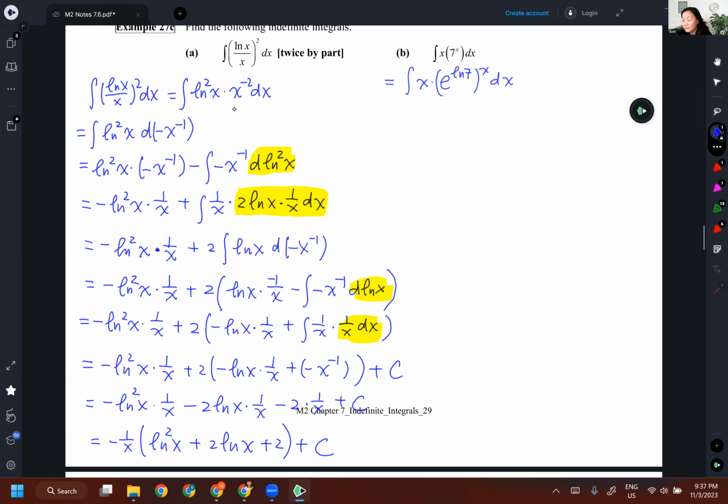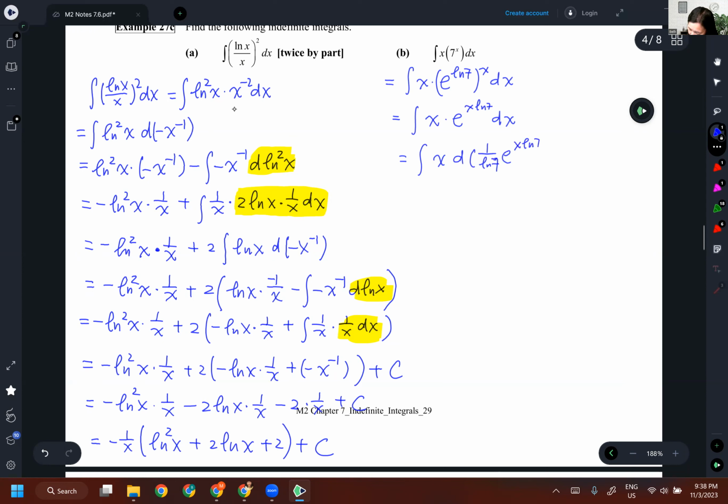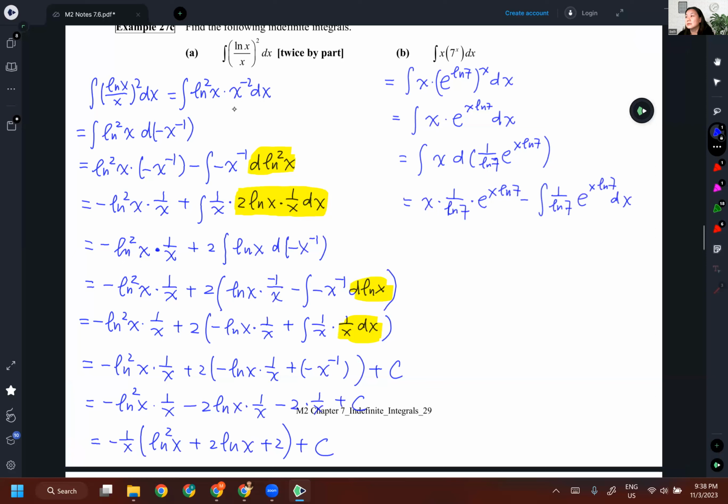That is how you change it. e to the power x times log 7 dx, and then you just use the integration by parts once. And then you get this answer.